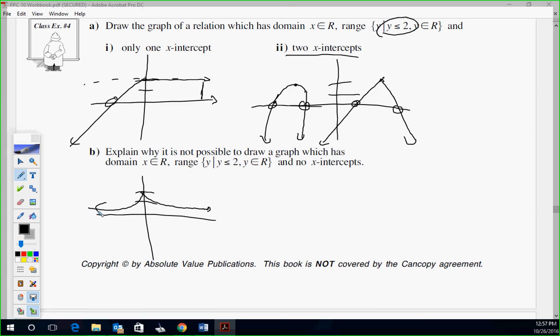So it's saying how would you be less than 2 and have no x-intercepts? It's pretty much saying you have to cross the x. Because this one we cross once, these we cross twice. What would you draw less than 2 that wouldn't cross? A what? A straight line? Like this way?